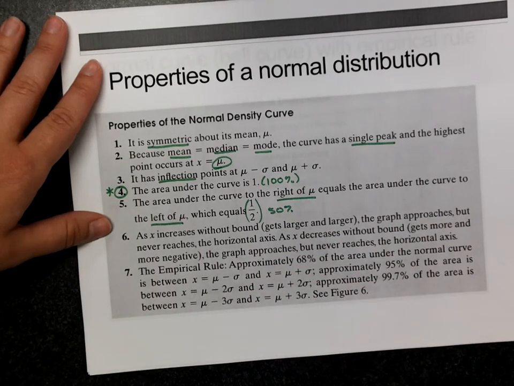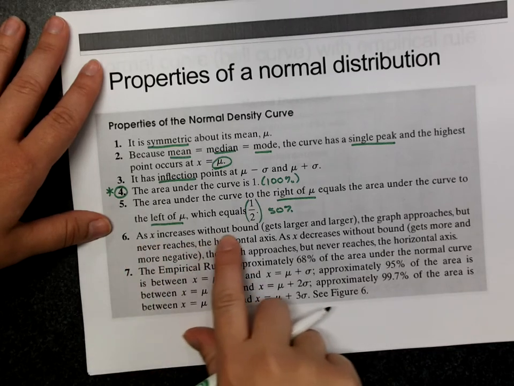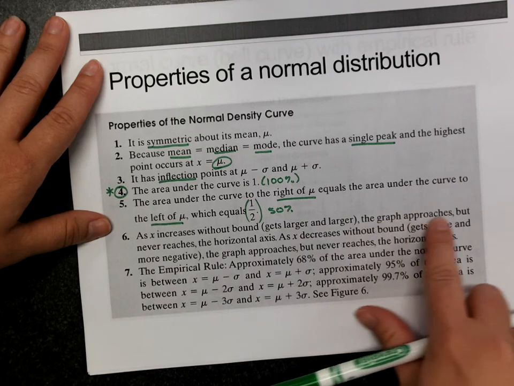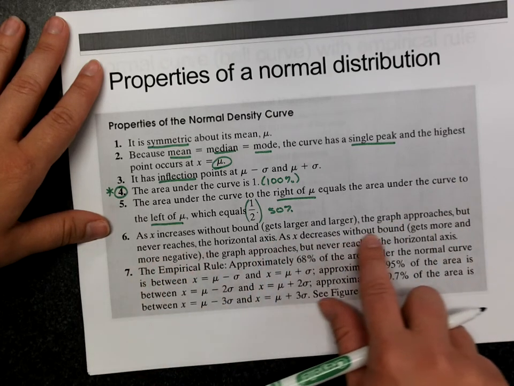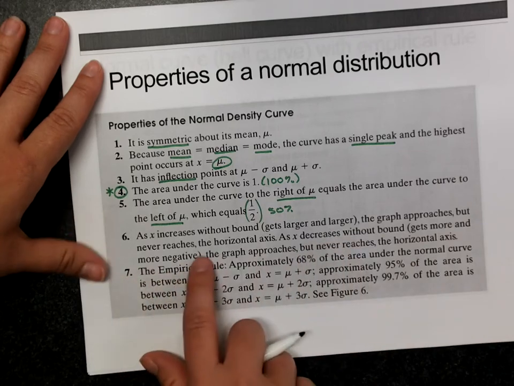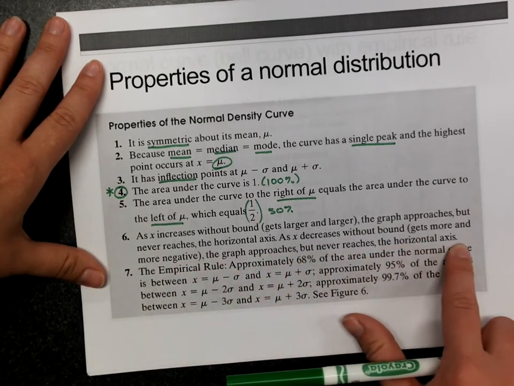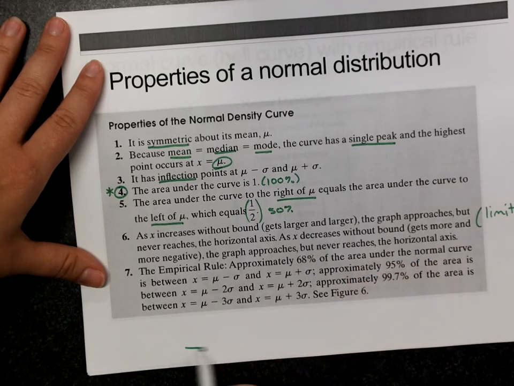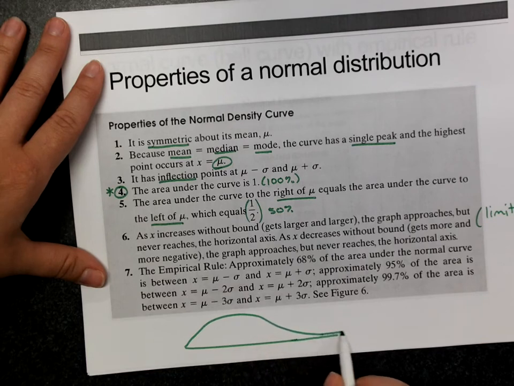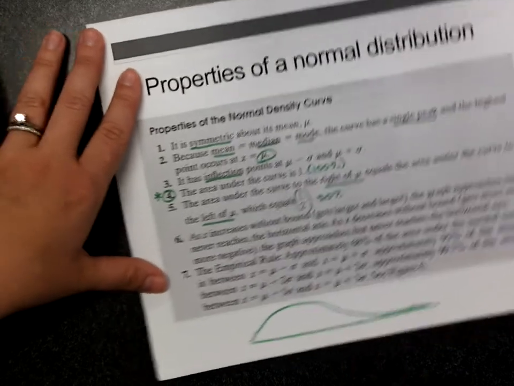Property 6 is another calculus thing about limits. As the values increase without bound, get larger and larger, the graph approaches but never reaches the horizontal axis. And as it decreases without bound, gets more and more negative, the graph approaches but never reaches the horizontal axis. So this is about a concept called limits. Technically, when we draw this curve, it just keeps running barely above the horizontal axis in both directions.